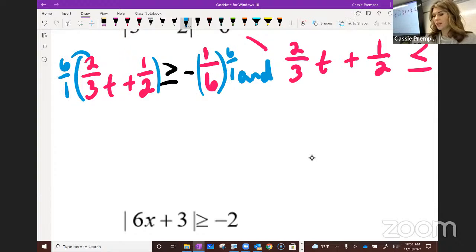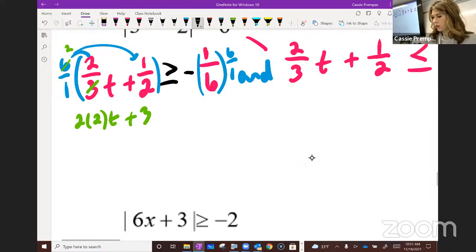When I distribute 6, how many times does 3 go into 6 evenly? Twice. So I have 2 times 2 times t plus, what is 6 times 1/2? 3. Good. Is greater than or equal to, here the 6's cancel, so we get -1.